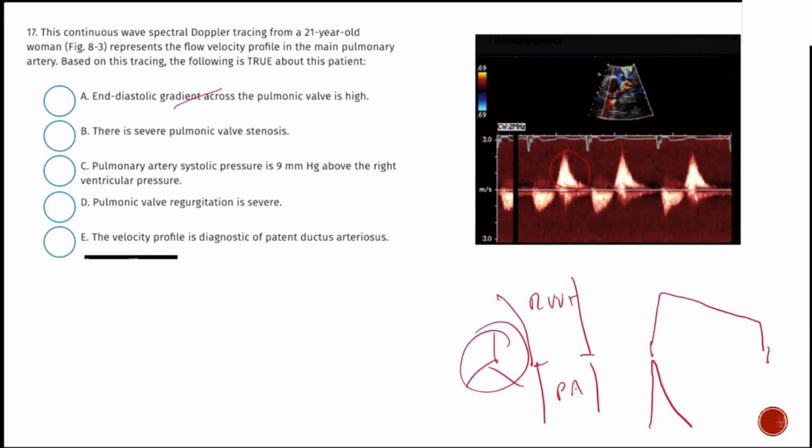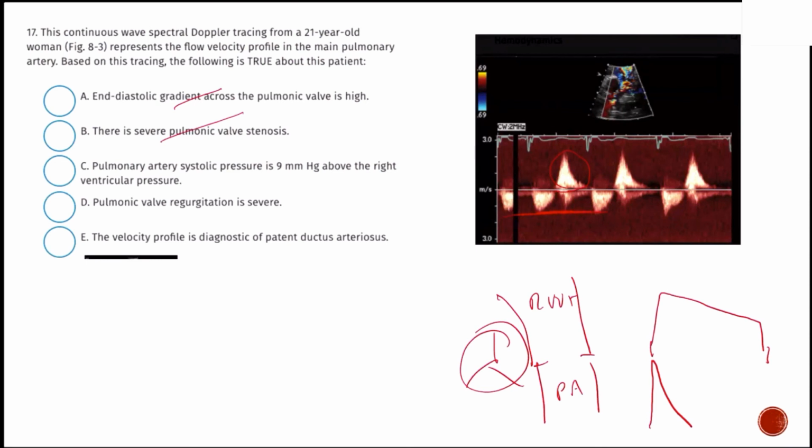No. Good. No. Good. Pulmonary systolic pressure is 9 millimeters above right atrial pressure. You can technically use this velocity here, but I'll tell you the answer is no. But what was the scenario in which using your PA diastolic pressure was less reliable?